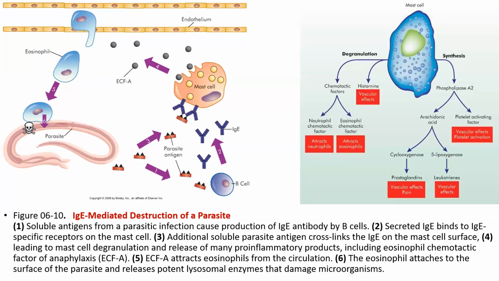Inflammation results in secretions of prostaglandins, leukotrienes, and neutrophil and eosinophil chemotactic factors, and the release of histamine, which will result in all these symptoms of the allergic or inflammatory reaction or response.